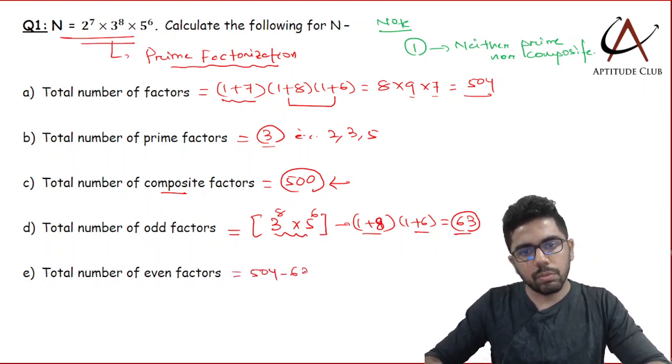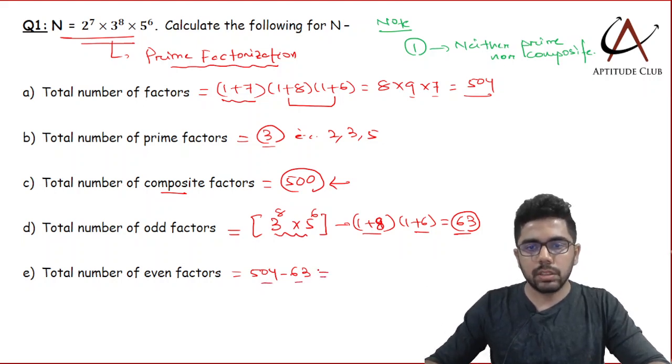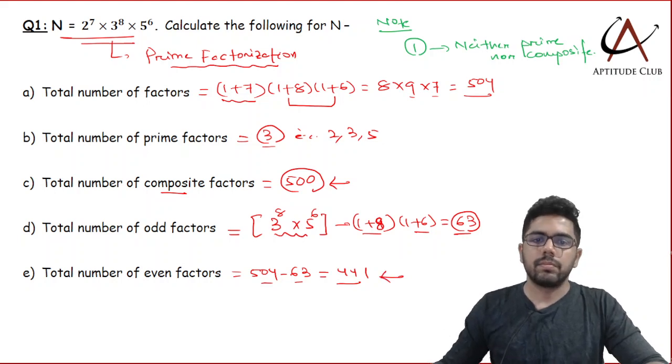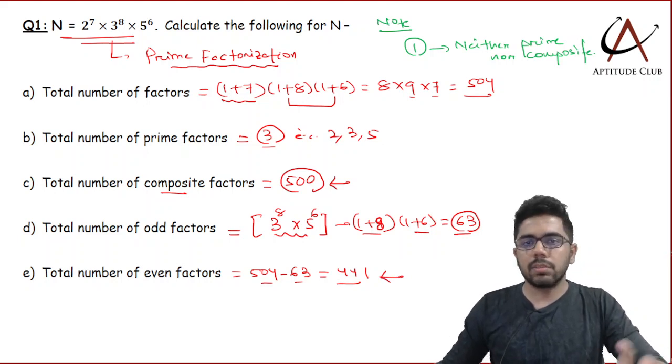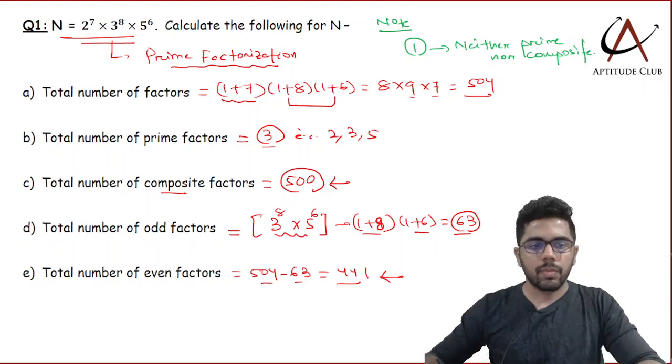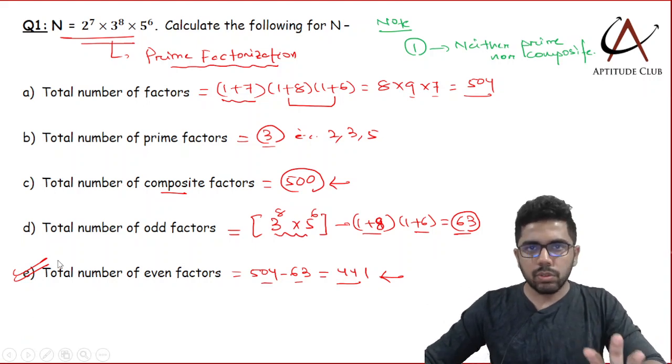So 504 minus 63. If we have 63 odd factors, the rest are even factors. So 441 even factors आने चाहिए. So total number of factors minus odd किया तो even आ गया. So this is how it is solved. Quite easy, I hope. इसमें कुछ complications नहीं होने चाहिए.